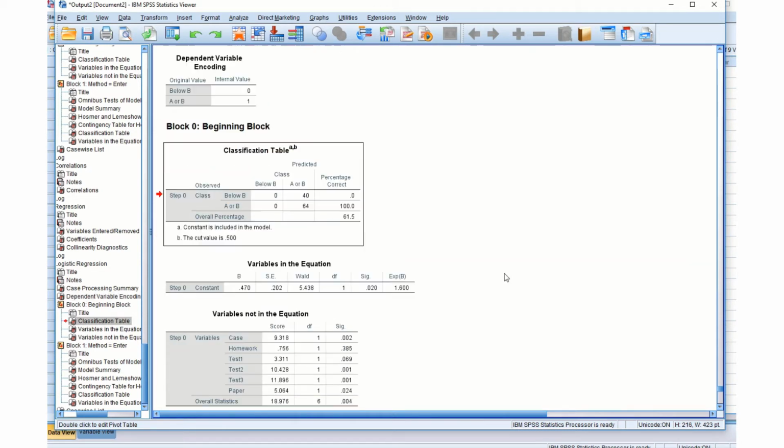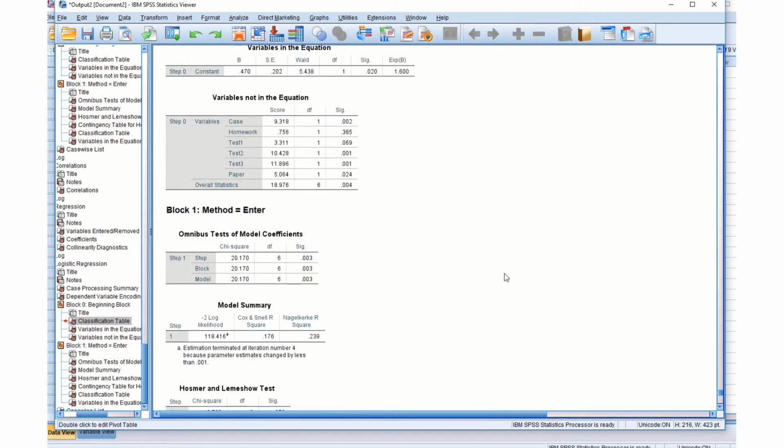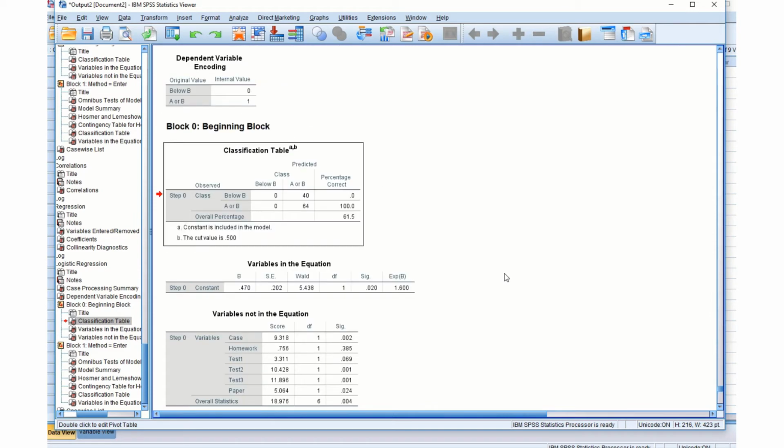This is a very important box. This is the base model box. I think I used an entry method, if I remember correctly, so all the variables are going to be entered in, or I might have used a stepwise regression. I can't remember, or a forward Wald is probably what I used. We'll try a couple of different things though.